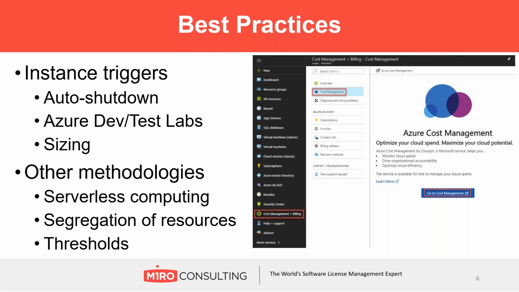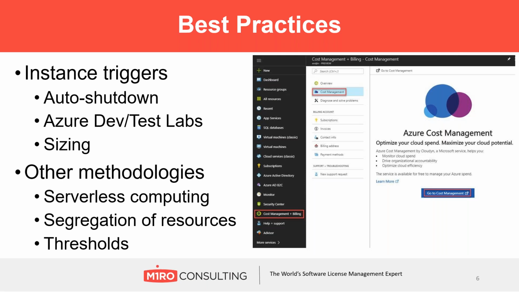Now, some of our audiences are familiar with some of these concepts. Okay? Consider this something of a refresher, if that is true, but it also serves as an introduction for some newer subscribers to Azure. Now, listed before you are some instant triggers that might be used to help rein in the cost of Azure instances.